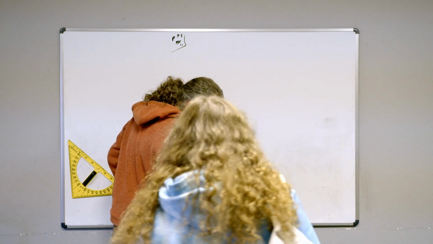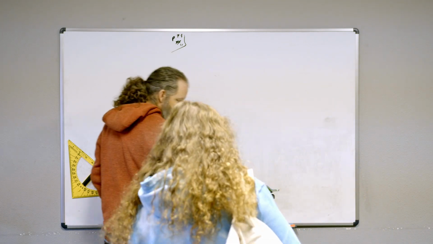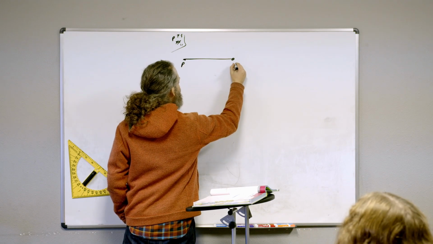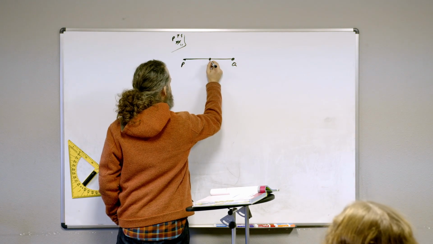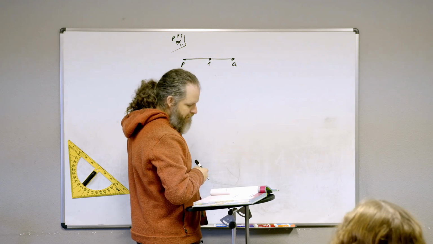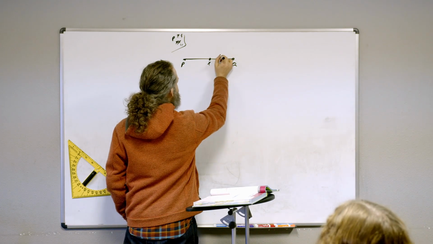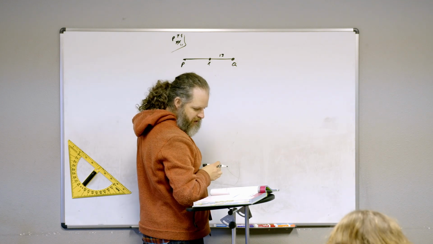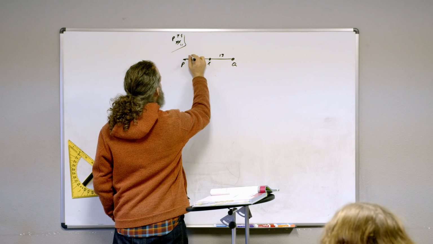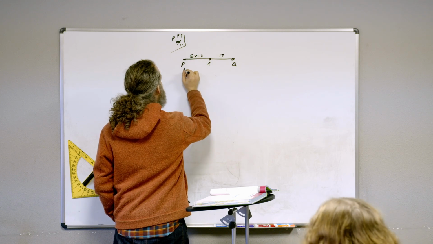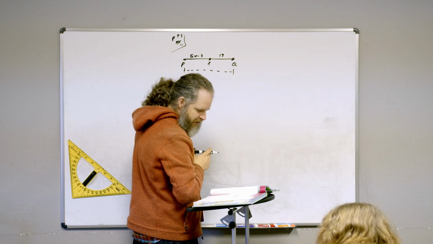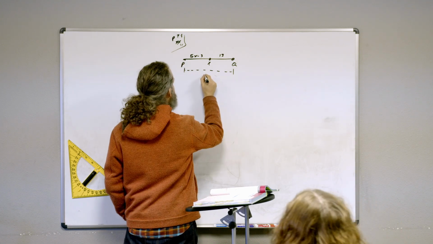So we've got X between P and Q. So we've got P and we've got Q and we've got X between them. Right? And it says XQ, so this one is 13. And XP is 5x minus 3. And PQ is 40.